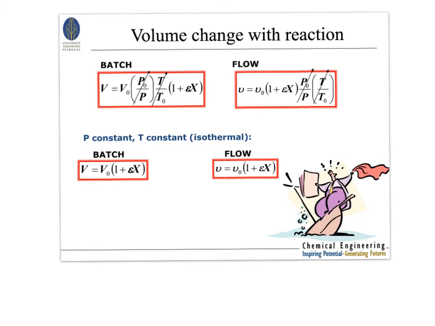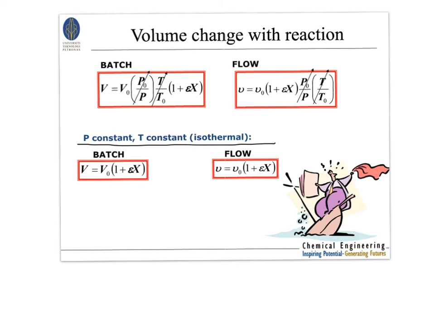This is the volume expression for both batch and flow systems when we include the expansion factor. This is the main assumption: P constant and T constant. It is an isothermal reactor system.